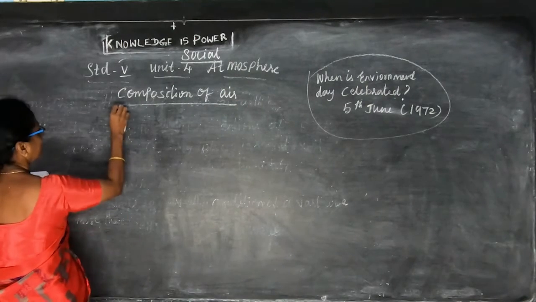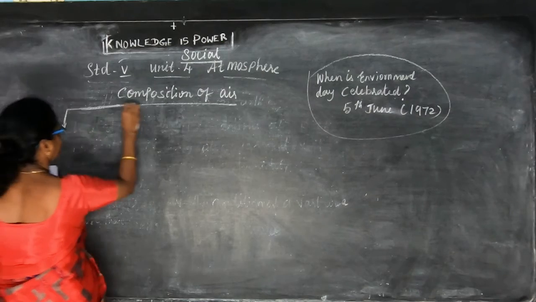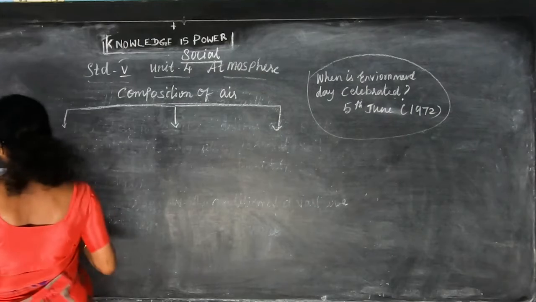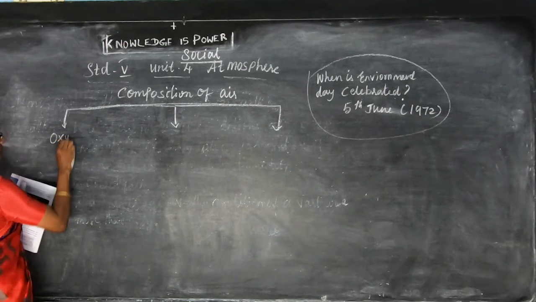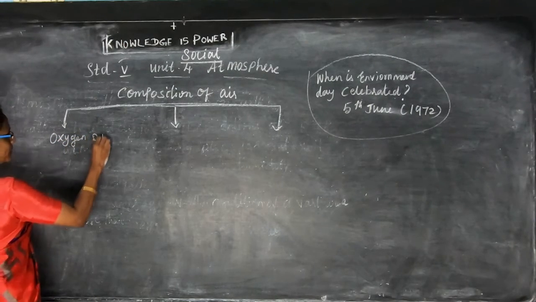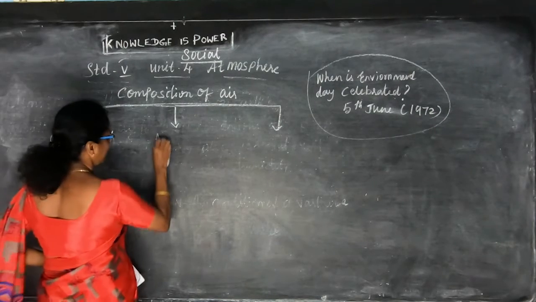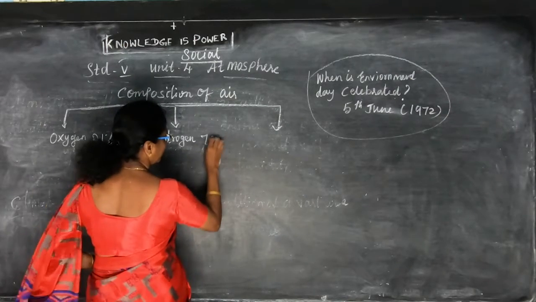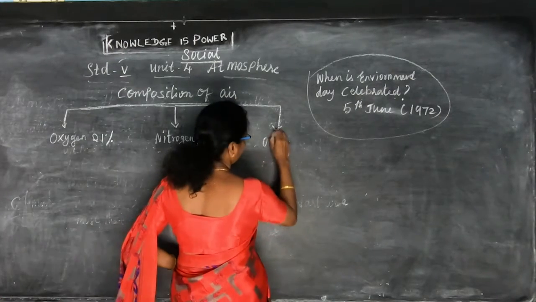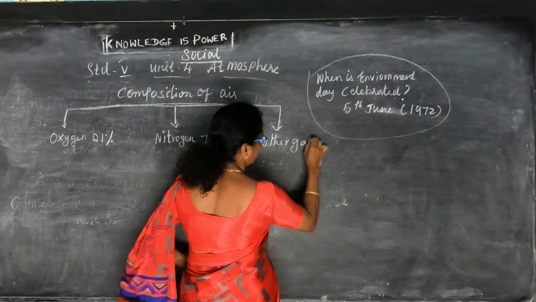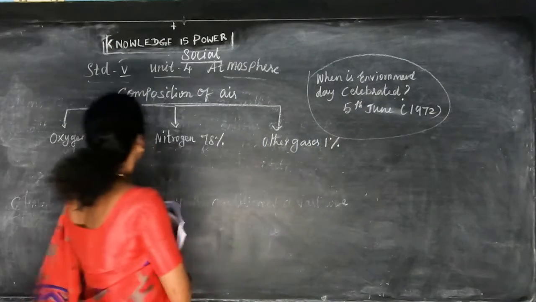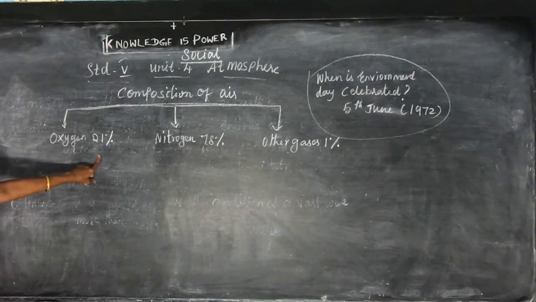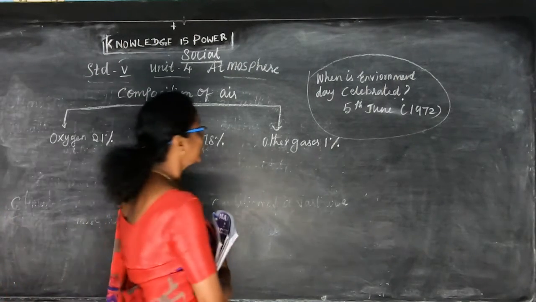In this there are three groups: oxygen is 21%, and nitrogen is, I'm sorry, 78%, and other gases are 1%. So the air has oxygen, nitrogen and other gases: oxygen 21%, nitrogen 78% and other gases 1%.